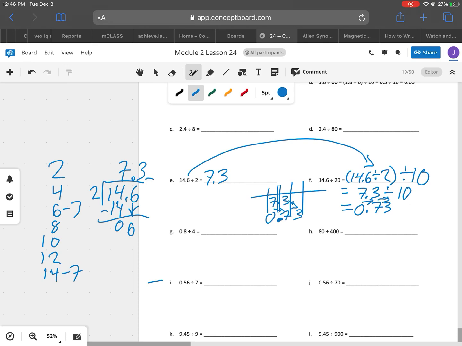Alright, so let's take a look at I. I is a little bit easier if you know your 7 timetables. You can probably do this in your head. Or if you don't know your 7 timetables, you can still write it down and it will be easy enough. So I'm going to write out my 7 timetables until I get to something close to it's 56.